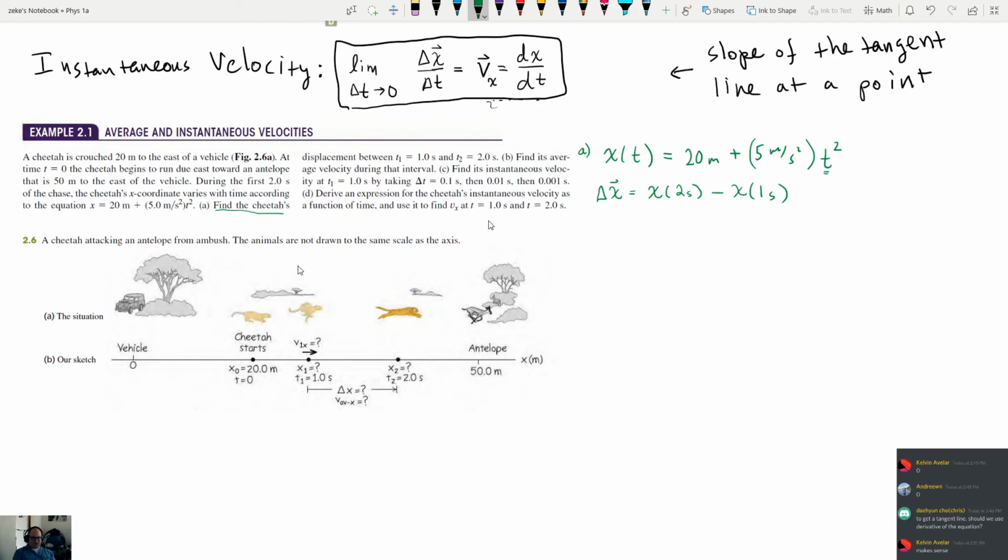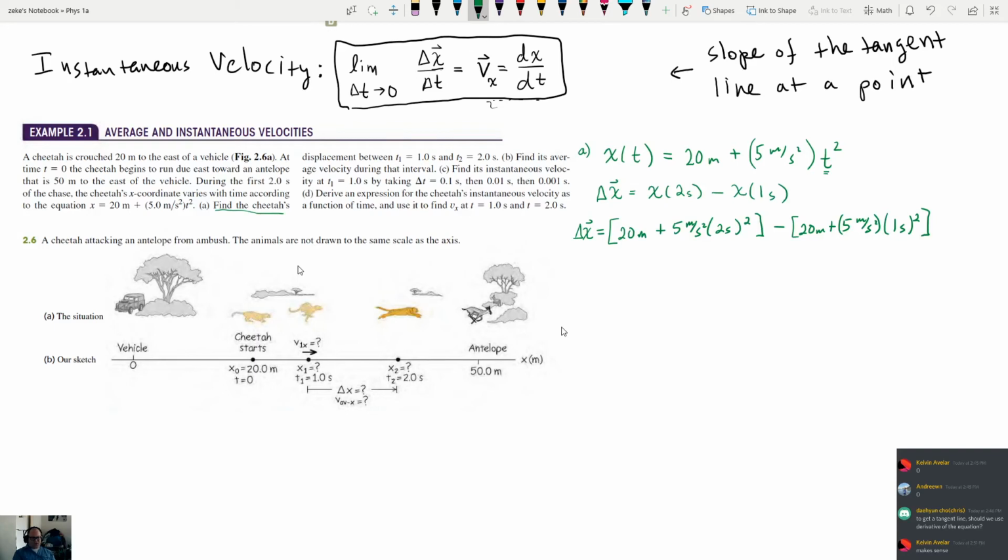So let's do this calculation. Delta x should be equal to x at 2 seconds minus x at 1 second.